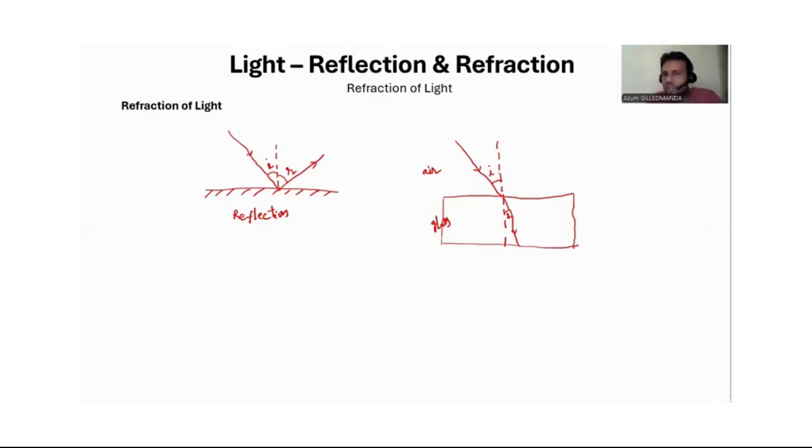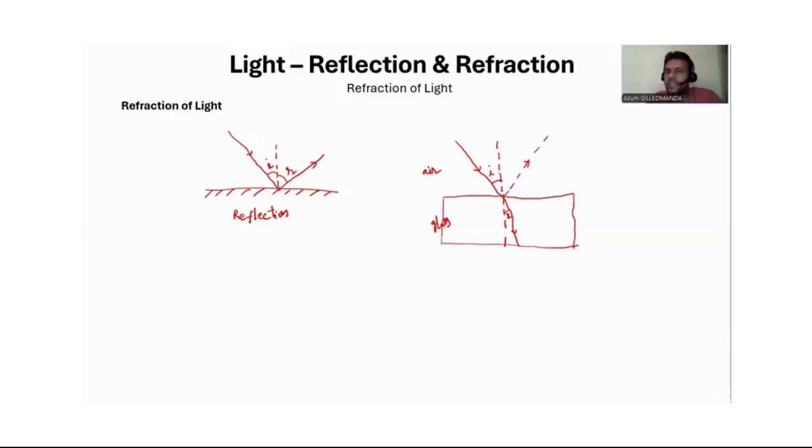Here also, some of the light gets reflected back into the air, but some light gets refracted into that glass slab. So that process of getting into the glass slab by bending is nothing but the speed of the light gets slowed down, right?